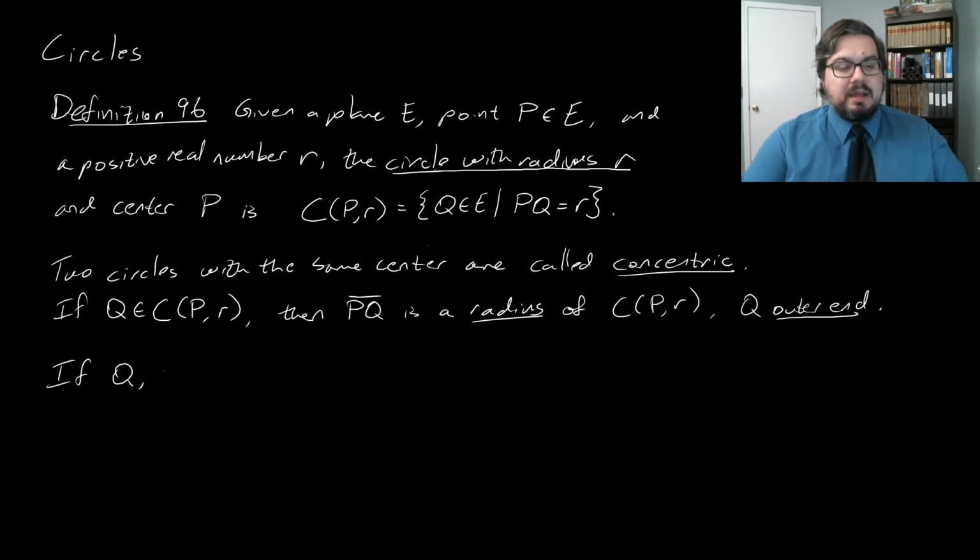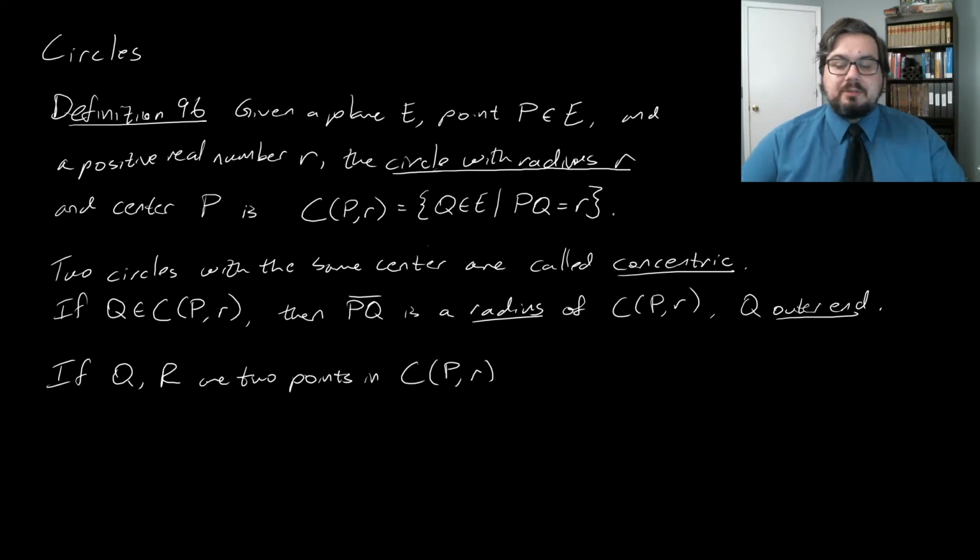If Q and R are 2 points in the circle with center P and radius R, then the segment QR is a chord of the circle C(P,R).